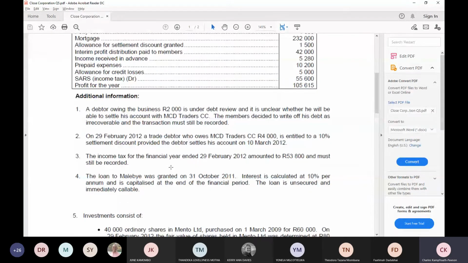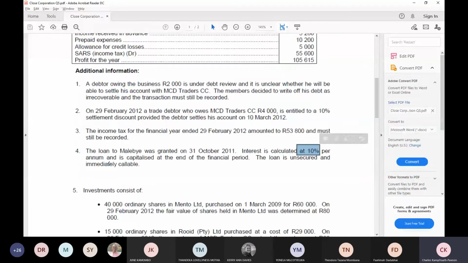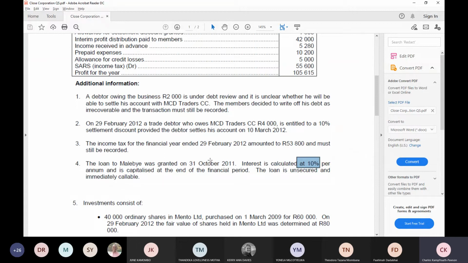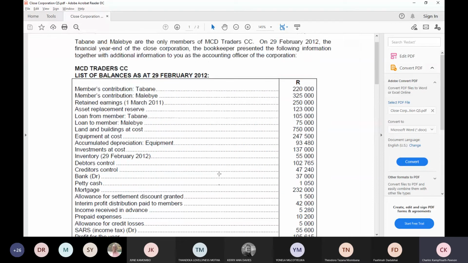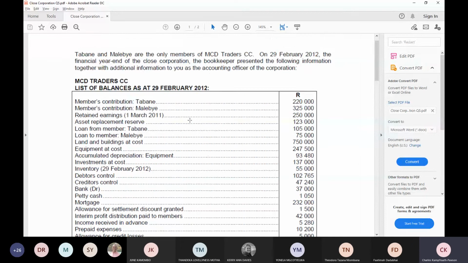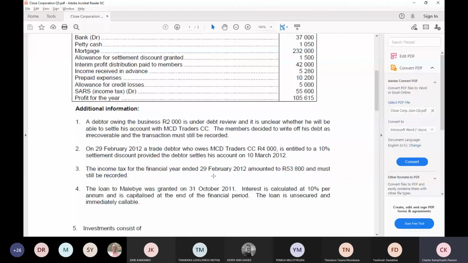And also they say the interest is calculated at 10% and is capitalized at the end of the financial period. So we granted this loan to him on the 31st of October 2011, and our year end is at 29 February 2012. So we only had that loan for how many months? Four months. November, December, January, February, 4 months.